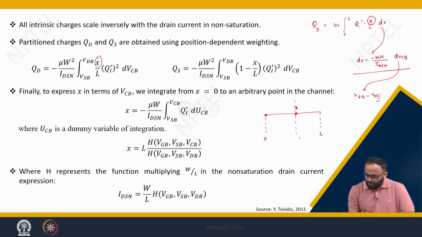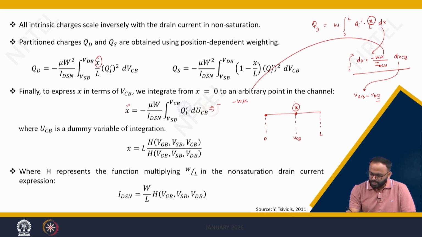At that moment the voltage is VCB, and the distance is x. So, we can rewrite this equation and integrate it from 0 to some arbitrary x. When you integrate this equation, you will get x at the left hand side, and at the right hand side you will come up with minus W into mu.